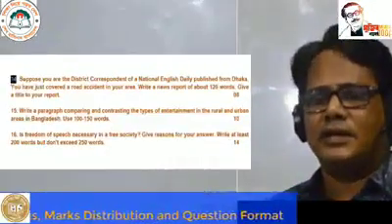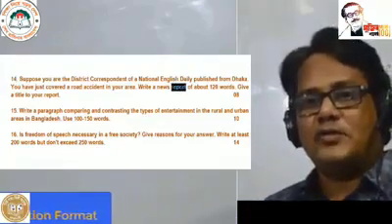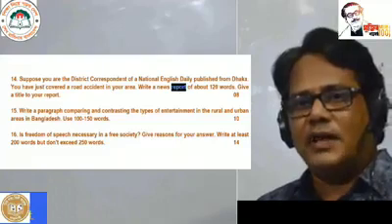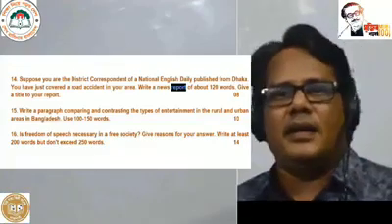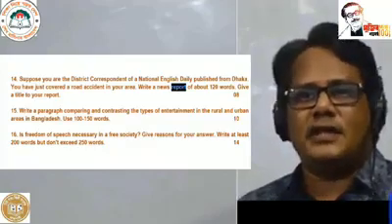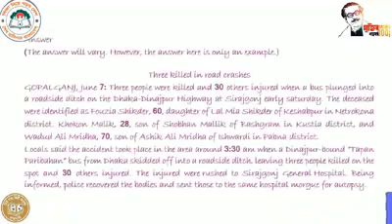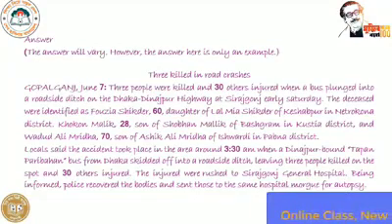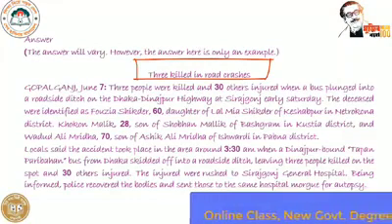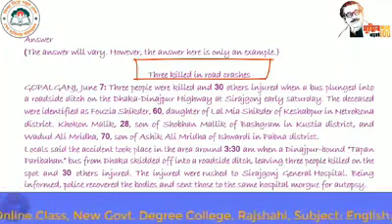This is writing a report. Instructions will be given in this way. A topic will also be given. You have to write a report following the rules of report writing. And don't forget to give a title of your report. Here is an example of a report. This is the title: 3 killed in road crashes.